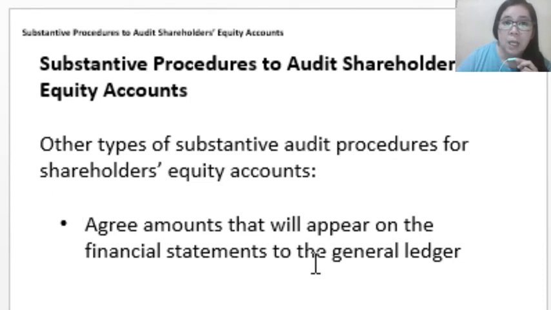Because again, as what we have mentioned before in the asset and liability accounts, whatever amounts that is calculated from the general ledger is usually what is forwarded in the financial statement. So it has to be accurate and free from errors.